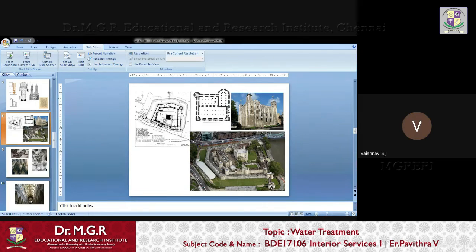Walls, ma'am. Correct. Fortified walls. This is found inside this Tower of London. So the structure which is found here is this one.